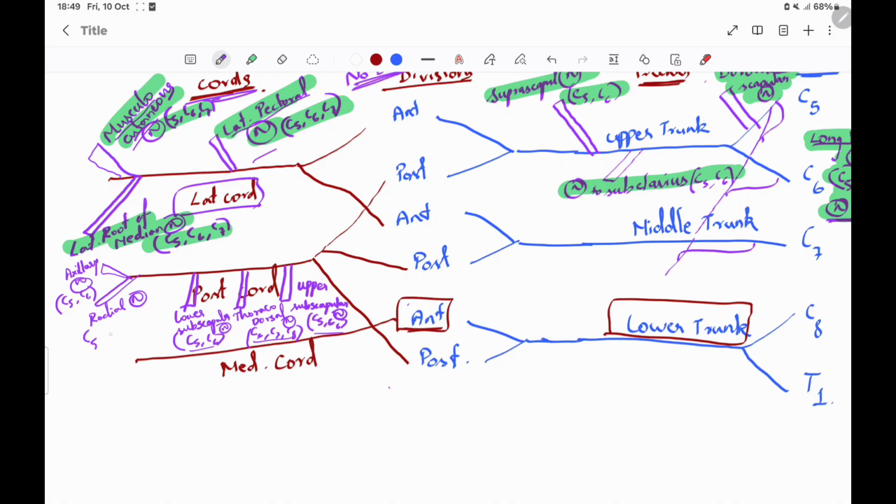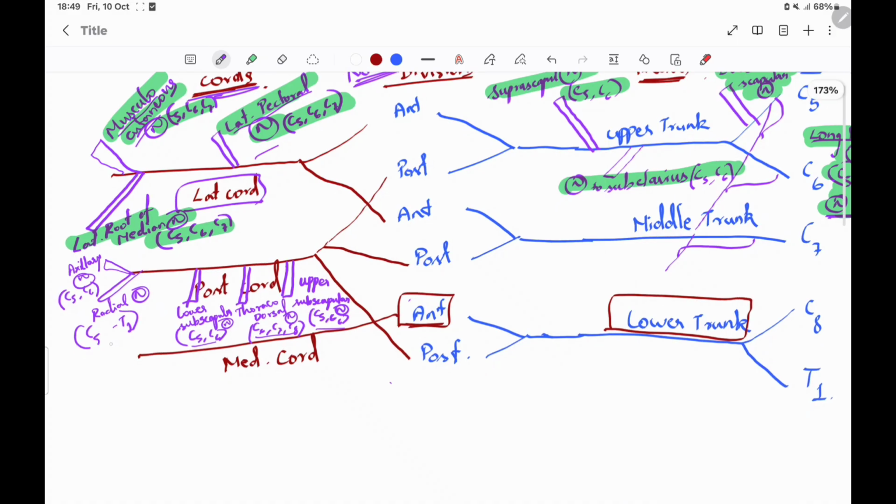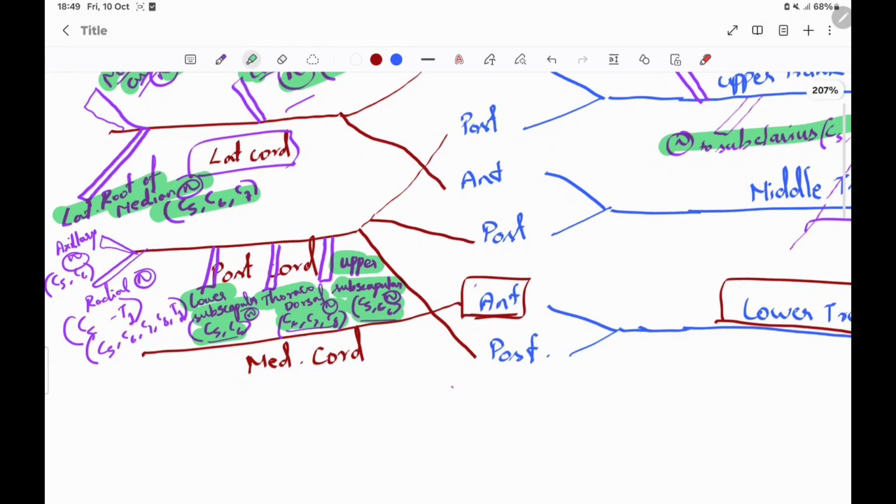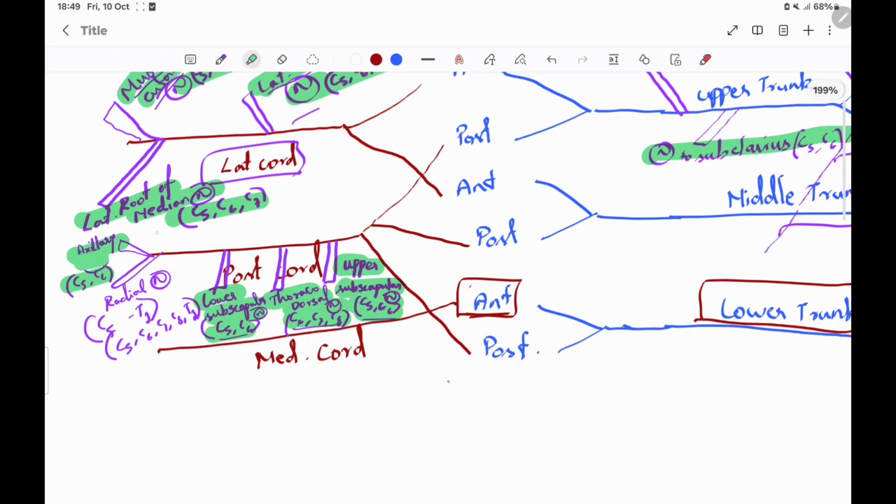The radial nerve has C5 to T1, that is C5, C6, C7, C8, T1. So these are all the branches from the posterior cord: upper subscapular nerve, thoracodorsal nerve, lower subscapular nerve, axillary nerve, and radial nerve.